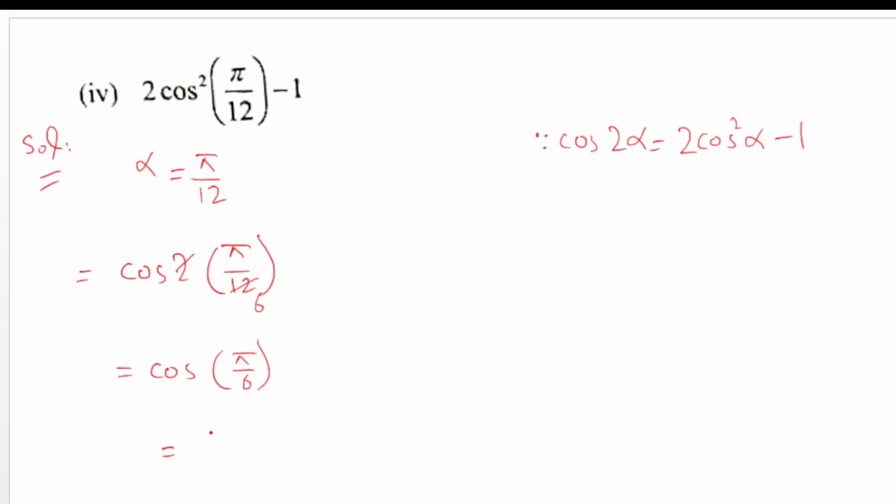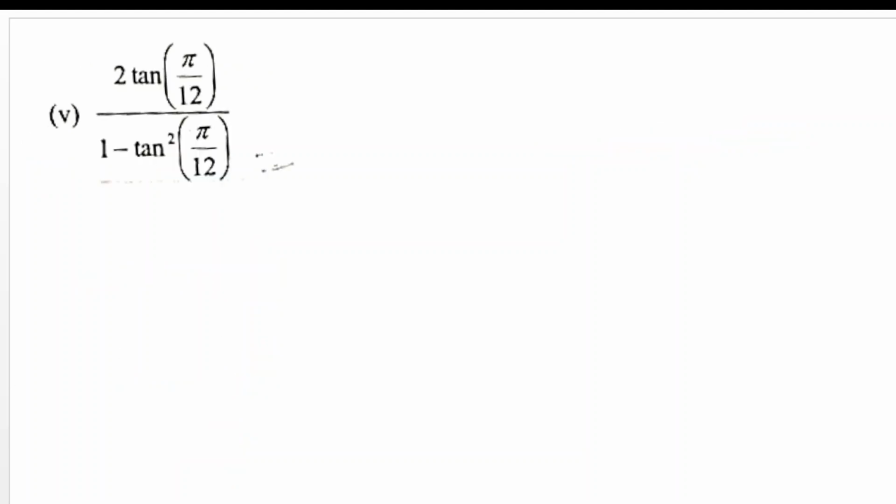Now in the next question, let's see the next part. The fifth part is in front of us. This question is about tan theta. All tans are given here, and pi by 12 also.